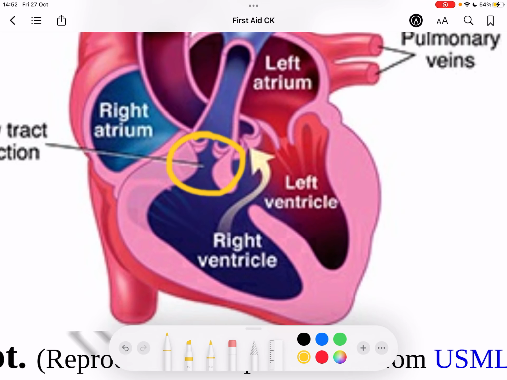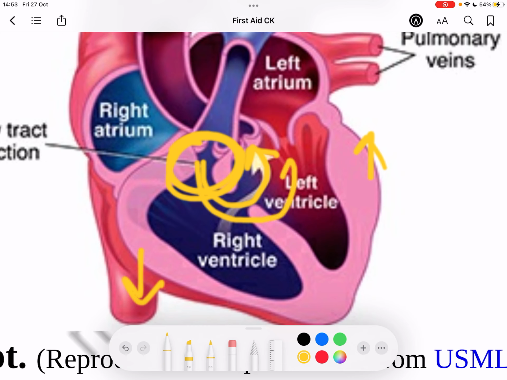This creates a really high pressure here, and that forces blood to go into the left side. So even though we do have higher pressures here and lower pressures here, because of this outflow obstruction, we get blood that occasionally moves into the left side, and that's what causes cyanosis.